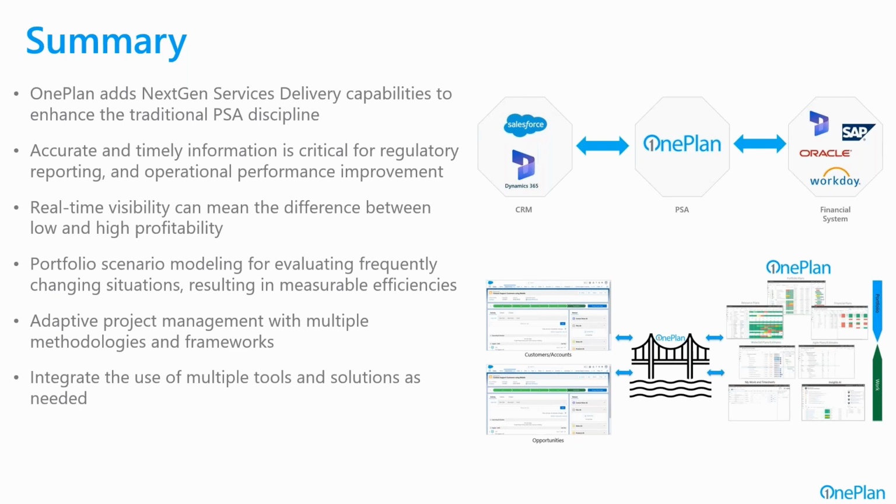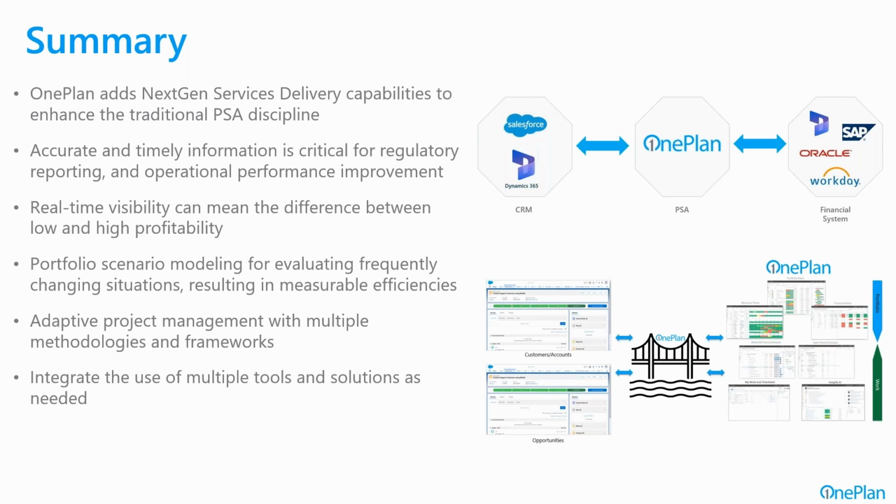Real-time visibility and modeling and adaptive project management, along with OnePlan's highly adaptable integration across your existing set of systems, are really the key points when you consider looking at a services delivery optimization tool. Each one of these areas, I think, get much shorter shrift than they should.